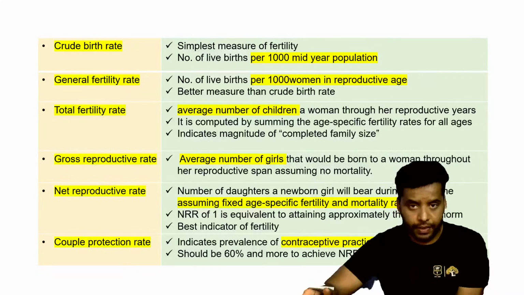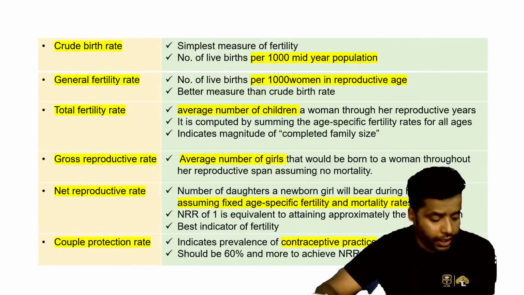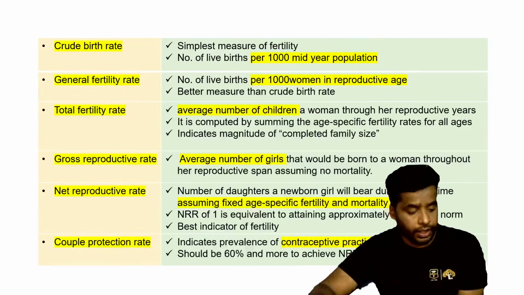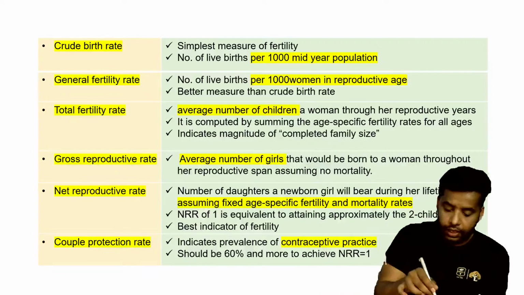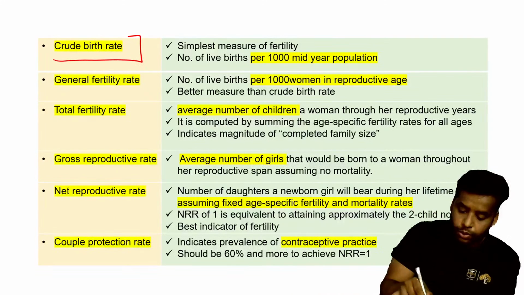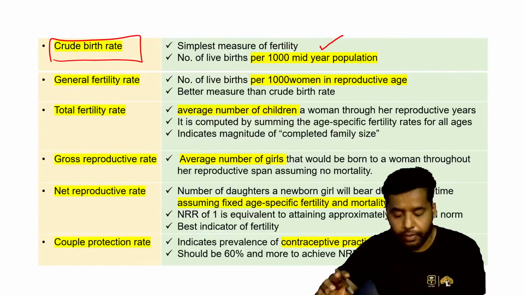Fertility indicators. In the previous parts, when I discussed indicators, we covered mortality indicators and morbidity indicators. Now we are discussing fertility indicators. Crude birth rate: number of live births per 1,000 mid-year population.